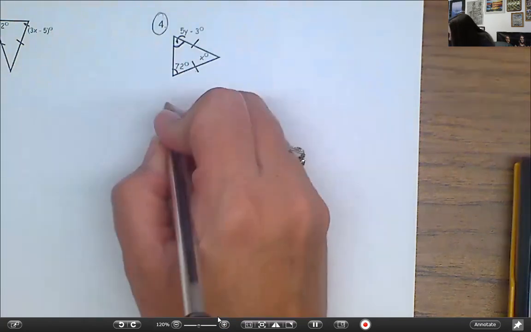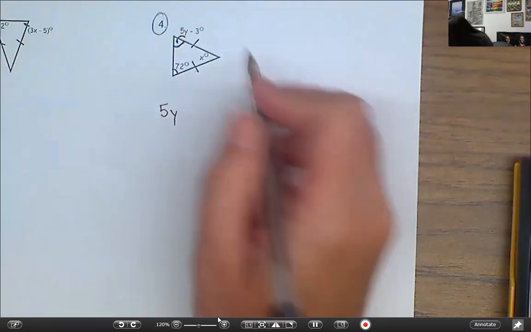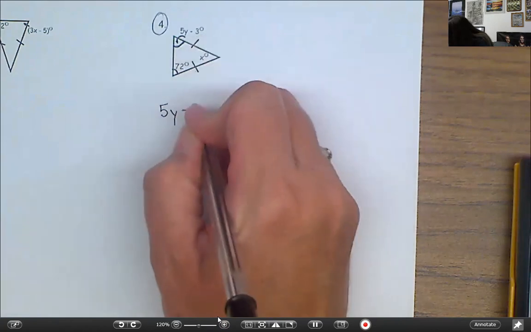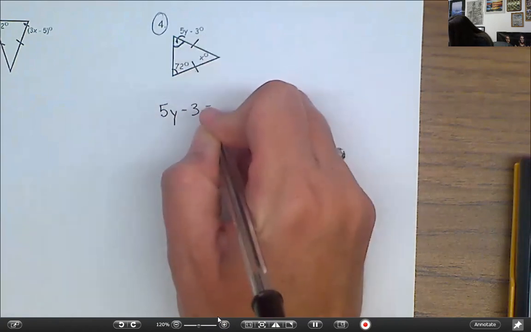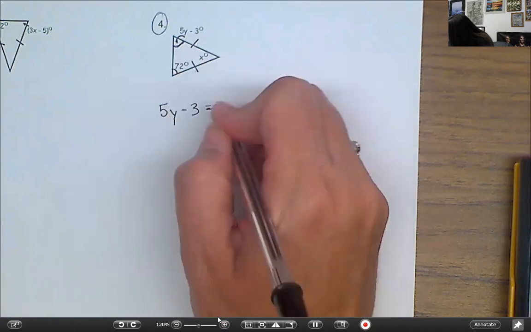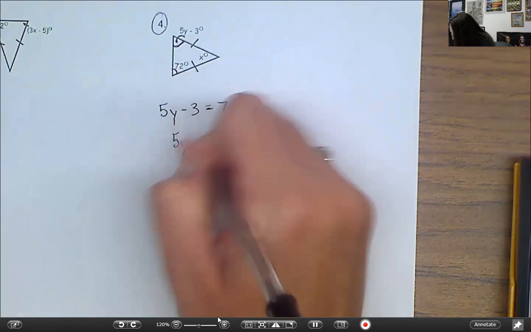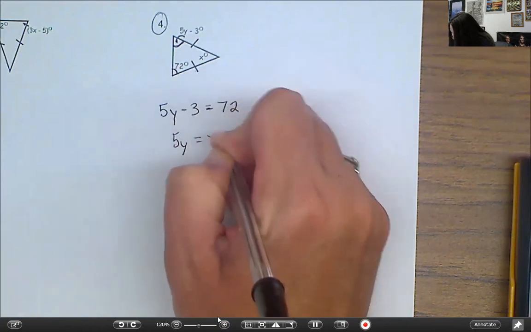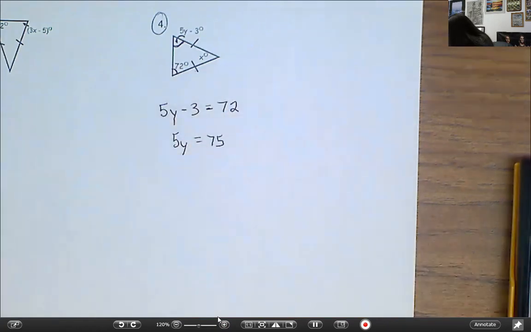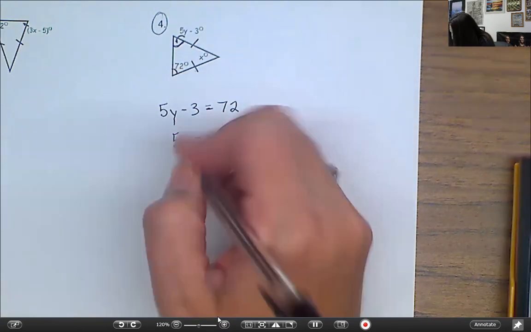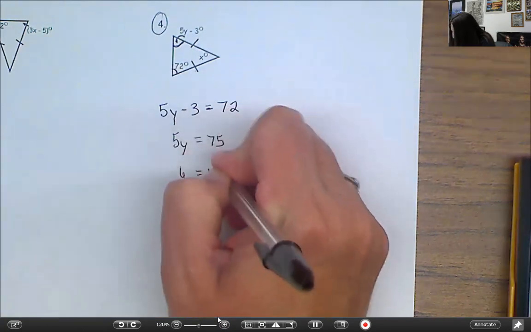So that tells me that 5y, and I think this means minus 3, then has to equal our measurement of 72 degrees. We'd add 3 and we get 75. 75 divided by 5 would give me a y value equal to 15.